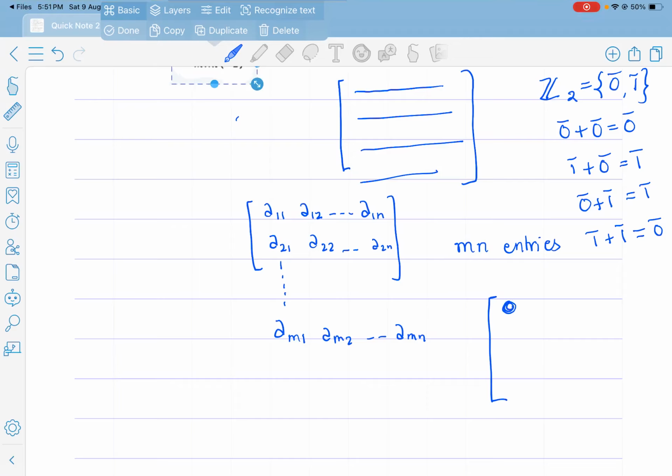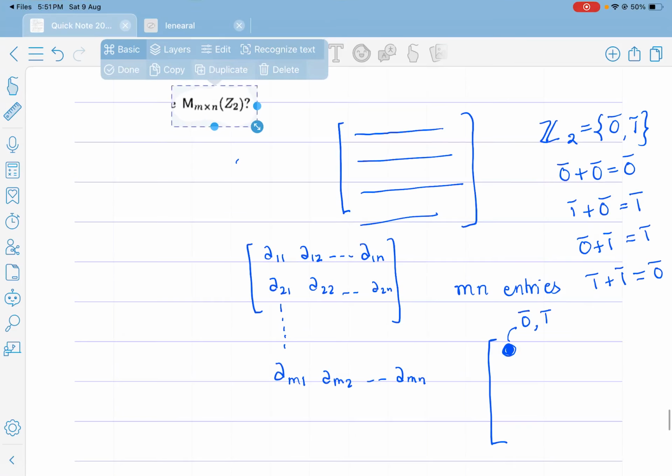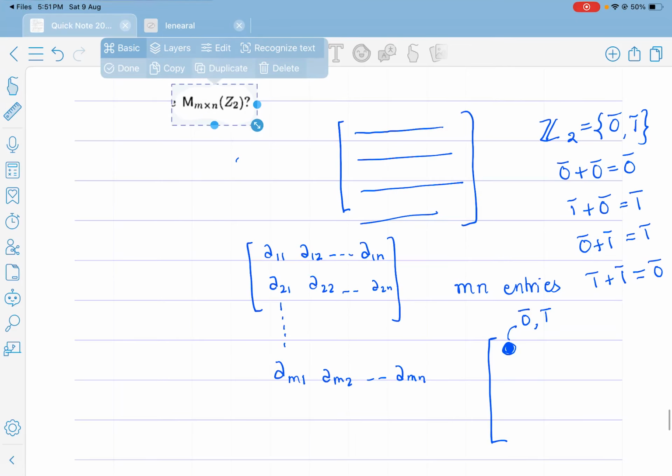So for each entry we have two options, right? It can be 0 bar or 1 bar. What is the definition of a matrix? An m cross n matrix, whose entries should be from F. So these entries are from Z2, and Z2 has two elements.